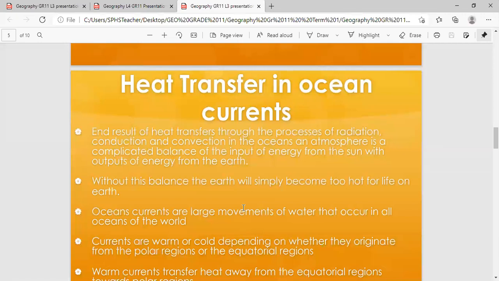And then we have the transfer of heat from the earth to the ocean, which in turn moves from the equatorial region, which is the hottest, to the polar regions in the north and the south. Okay, does it make sense?